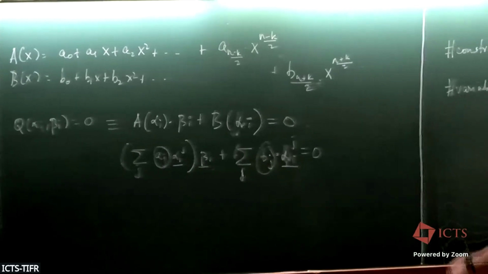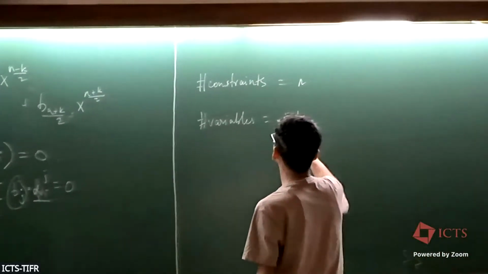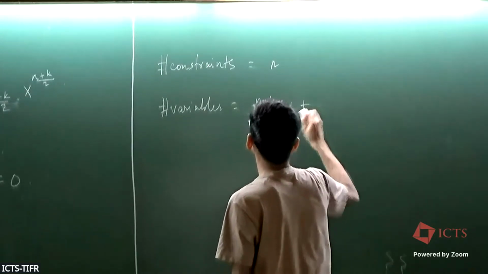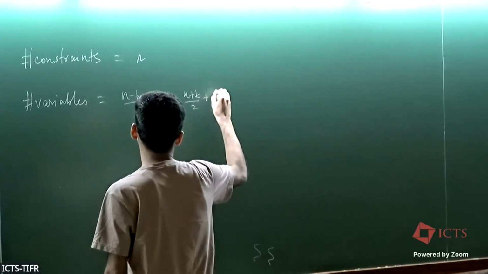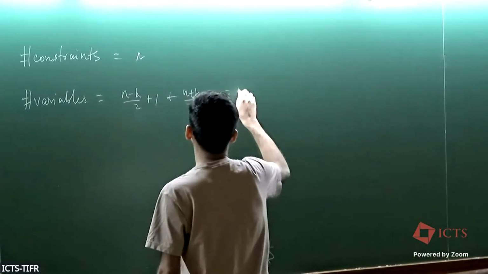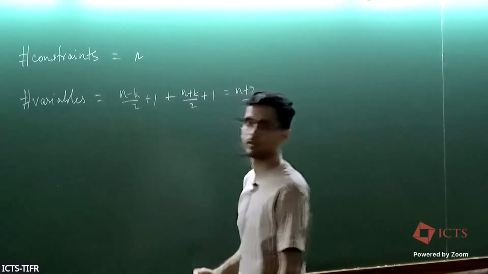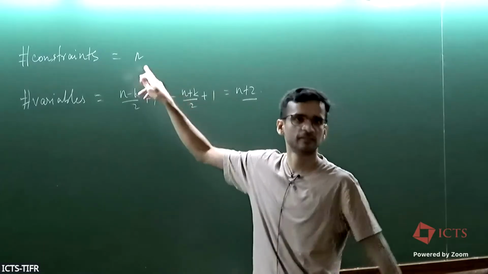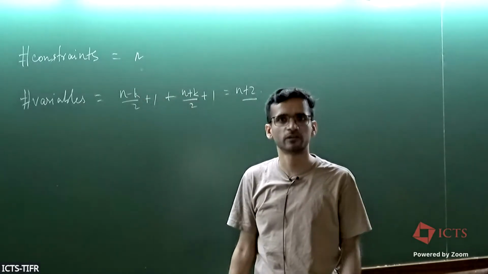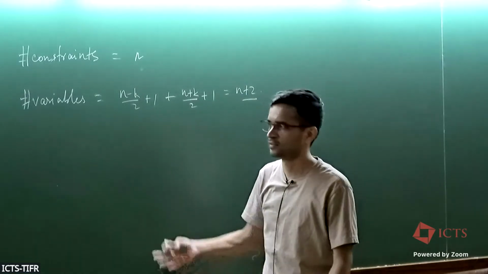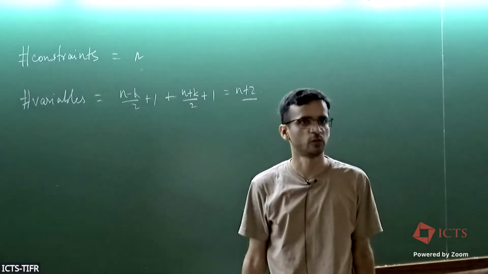A has degree (n minus k) over 2, so it has (n minus k) over 2 plus 1 variables. And B has degree (n plus k) over 2, so this is (n plus k) over 2 plus 1 variables. So that's n plus 2 variables. It's clearly more than n. So the system will always have a non-zero solution. We will get our hands on that solution and output minus B over A.